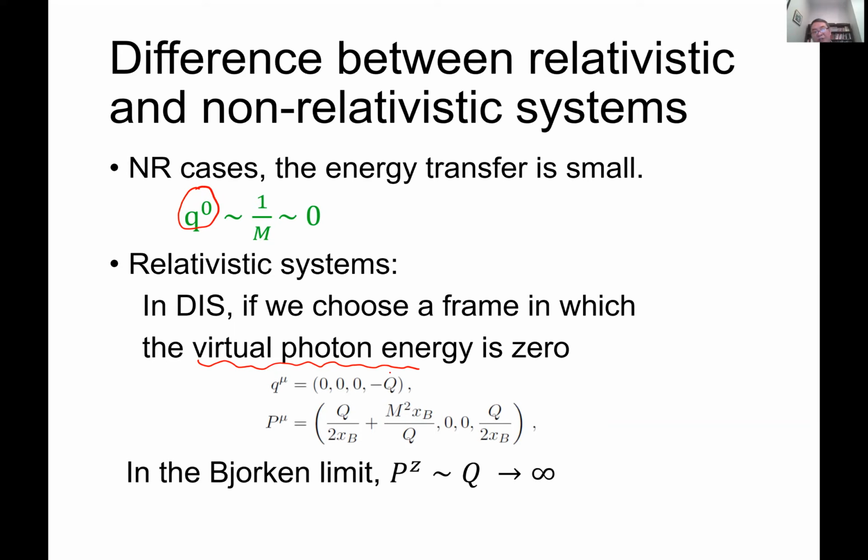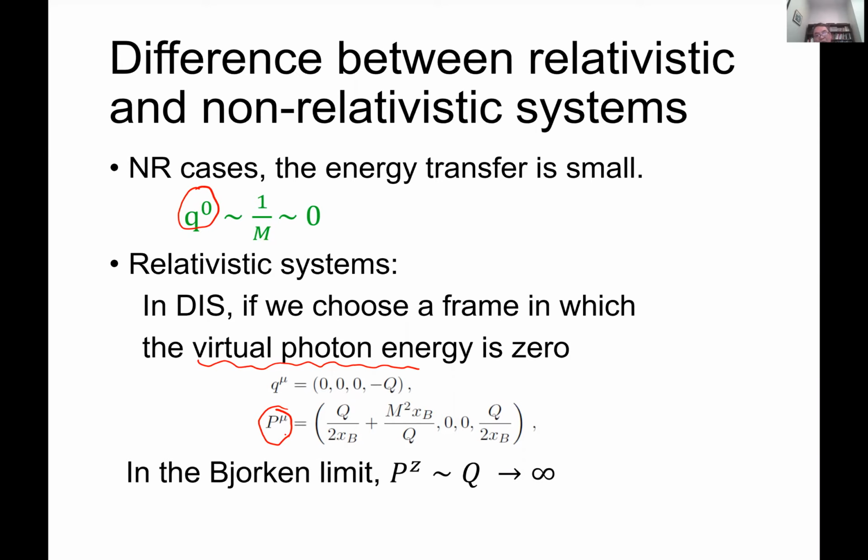And in this frame, the momentum of the nucleon, or the momentum of the target, is well defined. In fact, in this frame, the momentum of the nucleon can be proportional to Q, that is the momentum of the photon. If you take the Bjorken limit and let Q go to infinity, then the momentum of the nucleon has to go to infinity. So that's the difference.